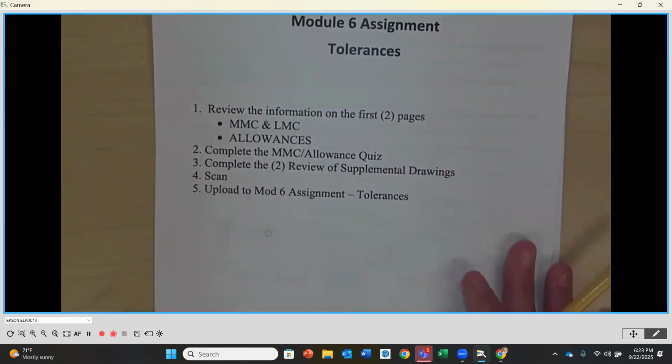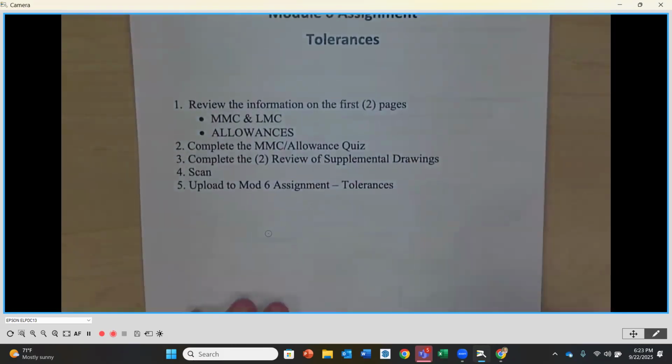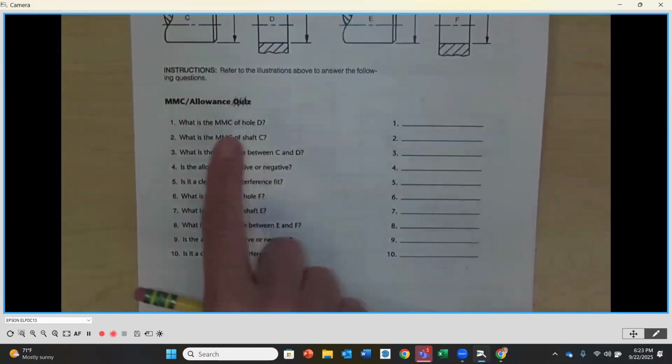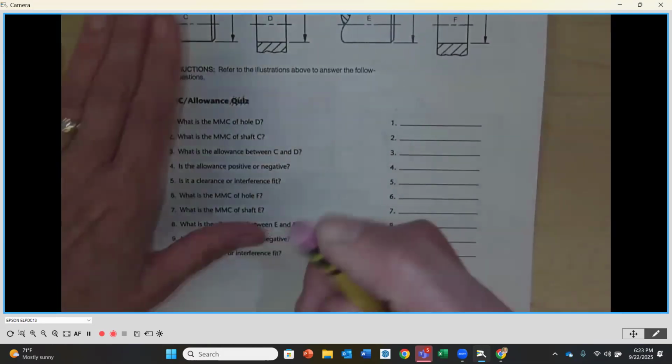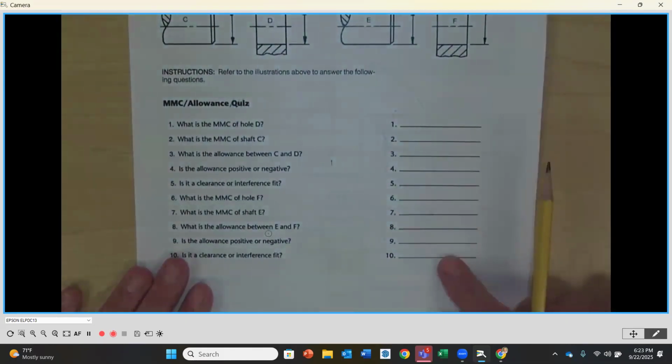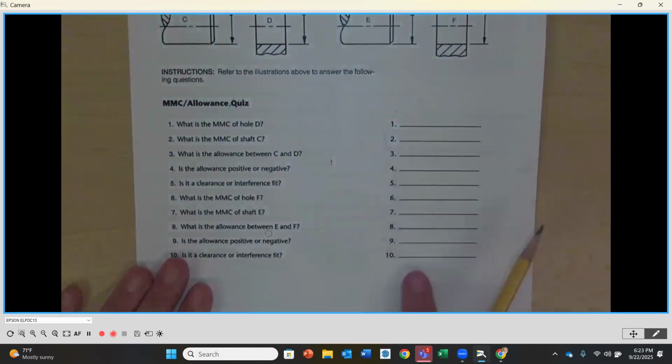For those who are virtual, I know sometimes you may not have a working printer or the ability to print out. That's okay. But then you need to clearly state, this is the MMC allowance quiz, and then number 1 through 10 and write out your answers.